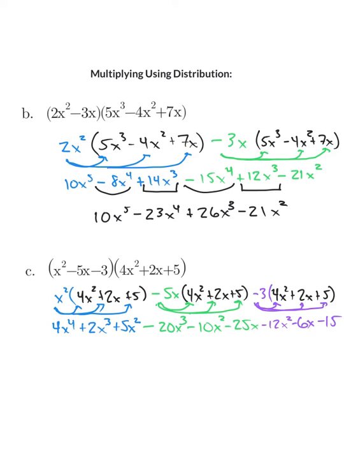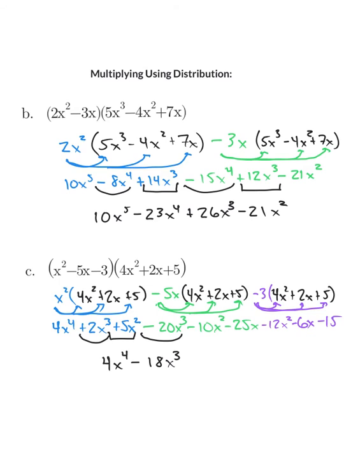Let's combine our like terms. We have 4x to the fourth, which does not combine with anything. We have our 2x cubed and our minus 20x cubed combine to give us minus 18x cubed.